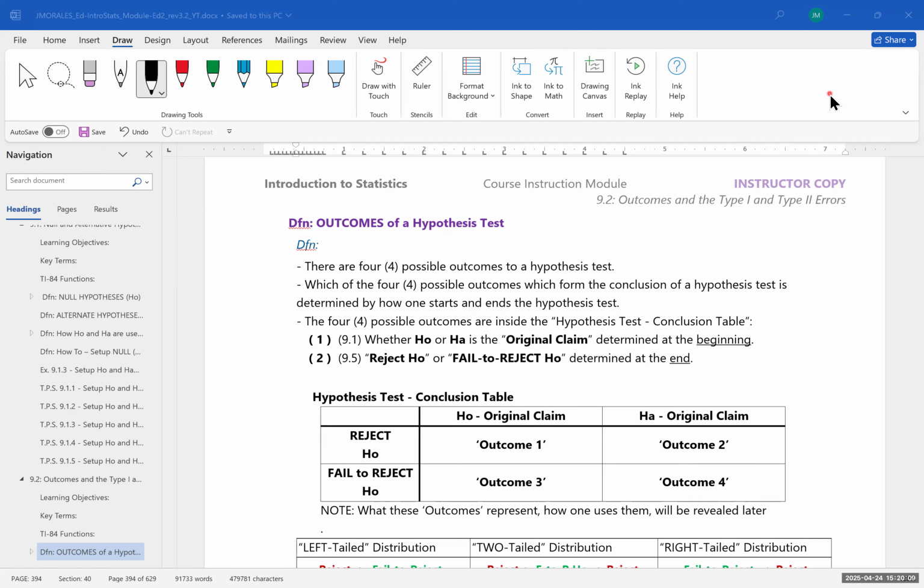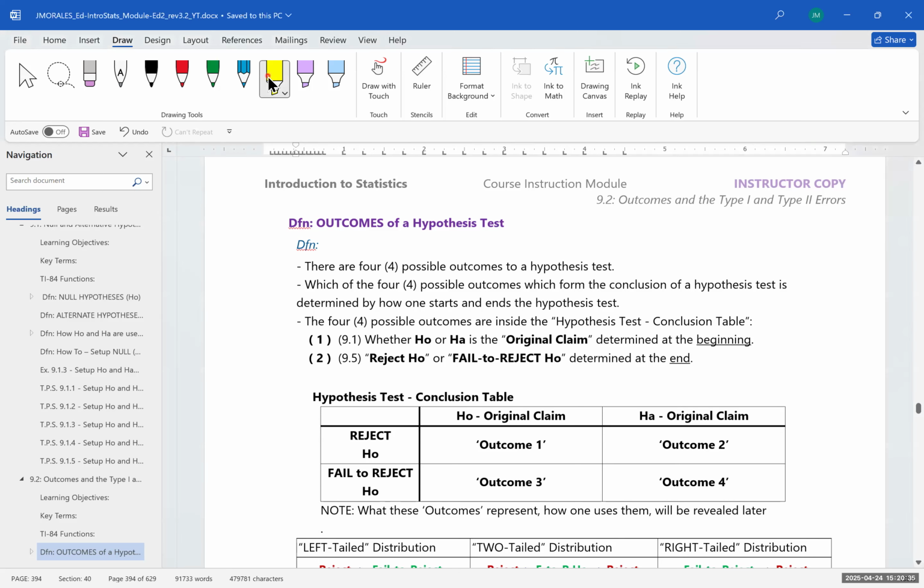Okay, this next section is about the outcomes of a hypothesis test. So we just covered how to begin a hypothesis test, but I actually want to give some foreshadowing of where we're going to end up and how that relates to how we began the hypothesis test.